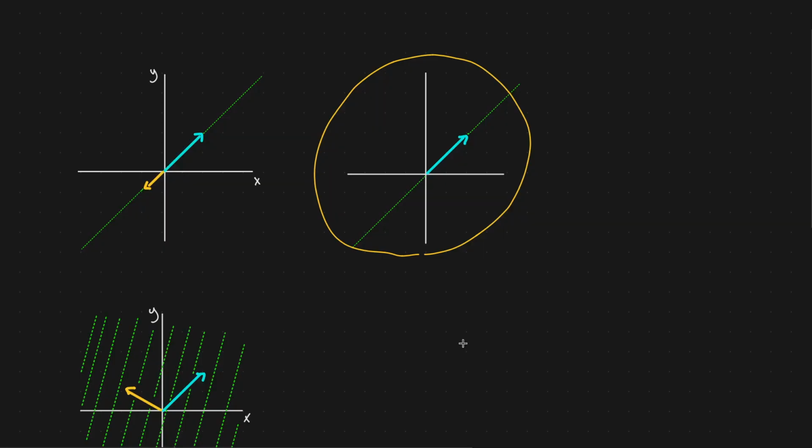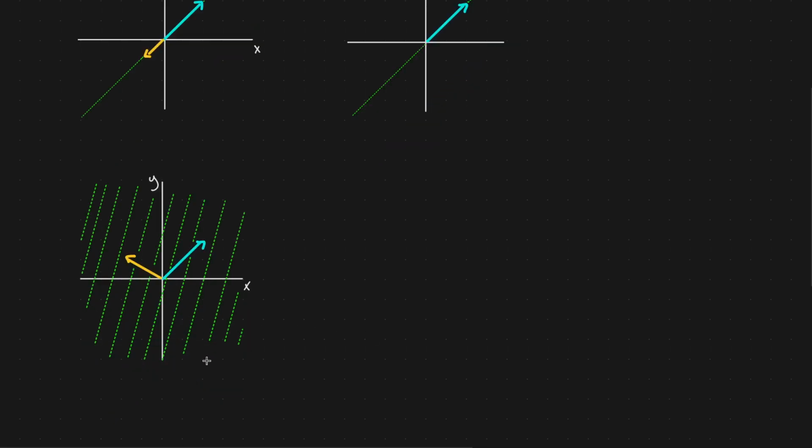If we take a line through the origin, a basis for that subspace is just one vector. Similarly, if we take the entire plane in R2, a basis for that plane is two vectors that aren't pointing the same direction. Okay?